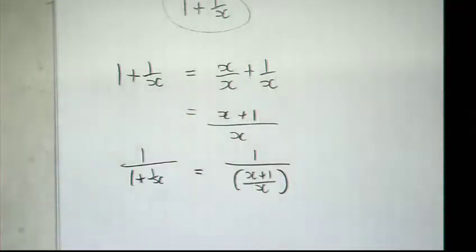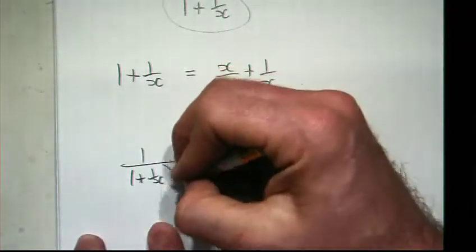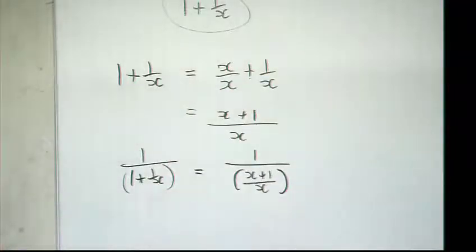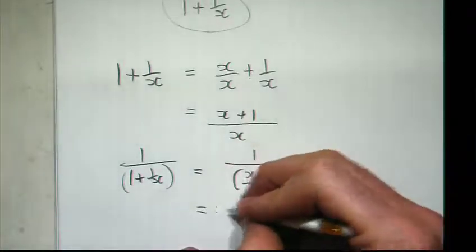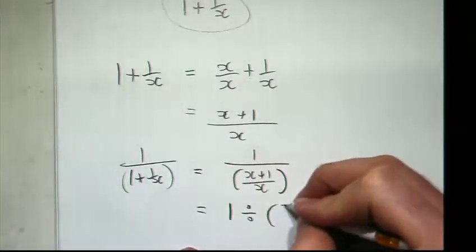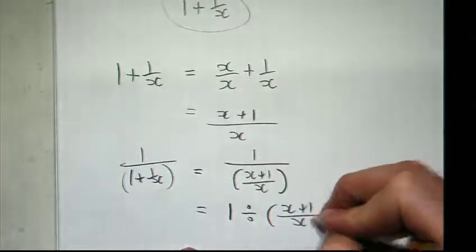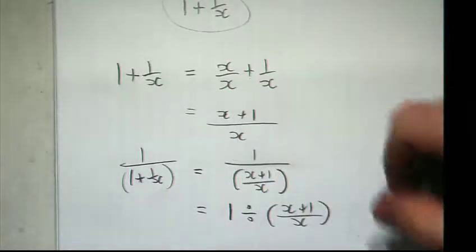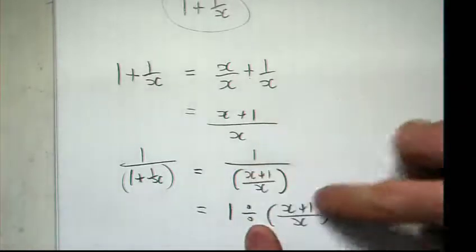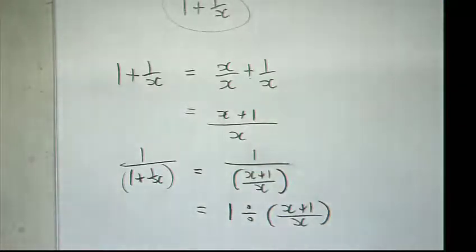And I put it inside a bracket to remind myself that all of this has been replaced by all of that. But just a second, a big fraction bar. Fraction bars are really just division signs, aren't they? This big fraction bar here, the thing on the top goes to the left, the thing on the bottom goes to the right. It's just a division sign.